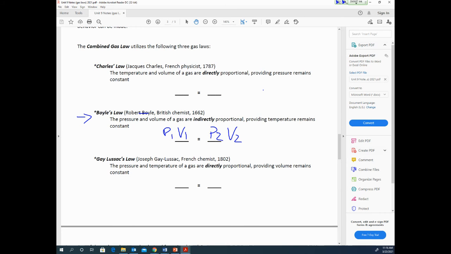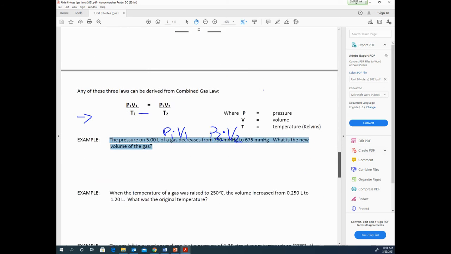So P1 times V1, since they're next to each other, they're being multiplied. So P1 times V1 equals P2 times V2. And we can use this formula to solve our problems. That's the formula we're going to focus on.